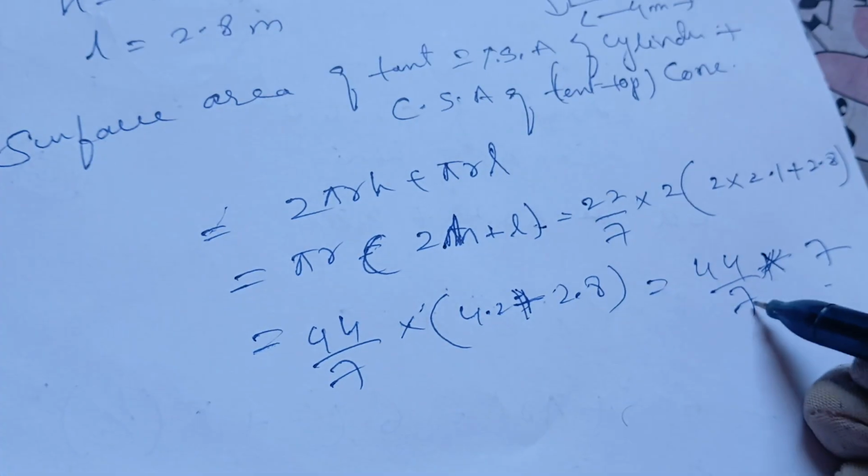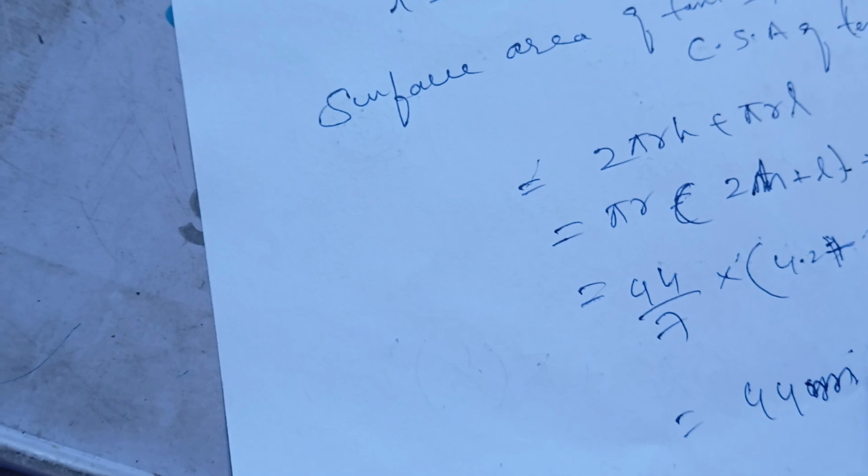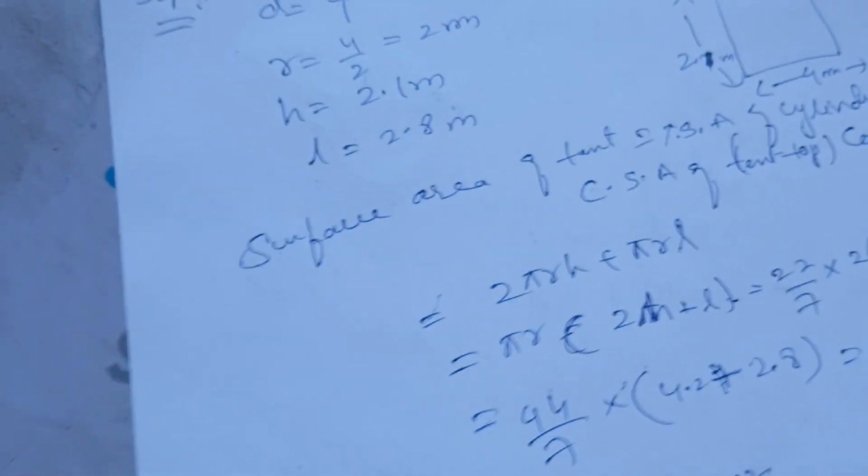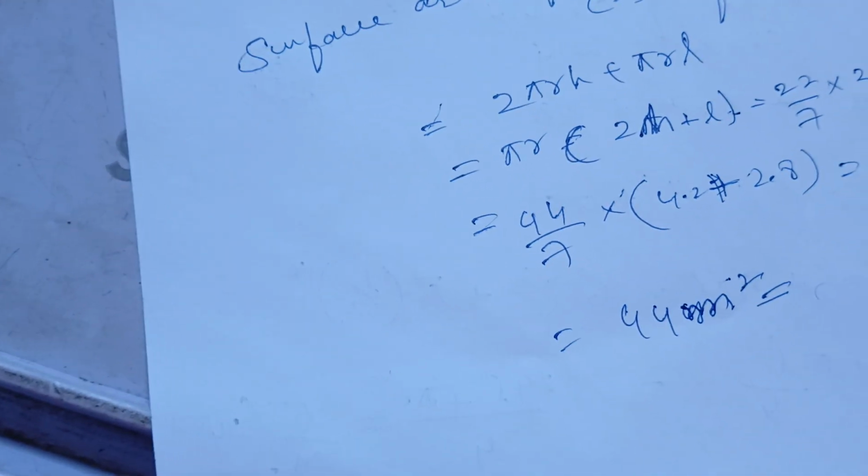So 7 gets cancelled. We will get 44 meter square as our surface area. The surface area of the canvas is 44 meter square. The canvas needed is 44 meter square.